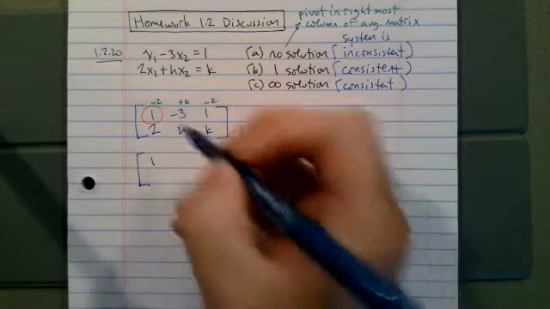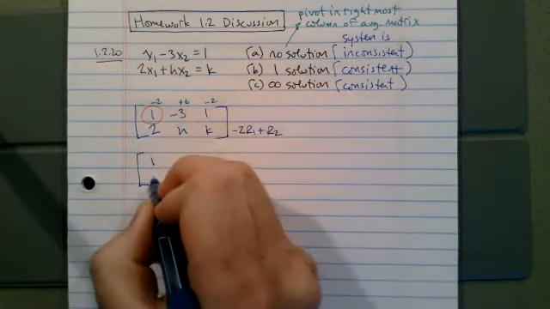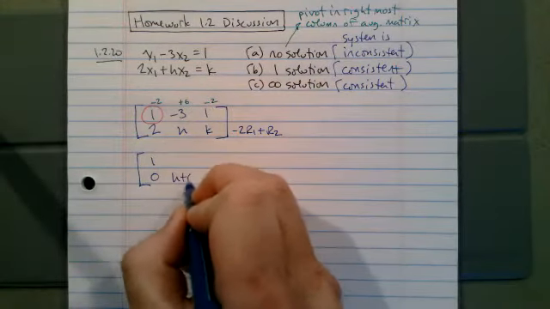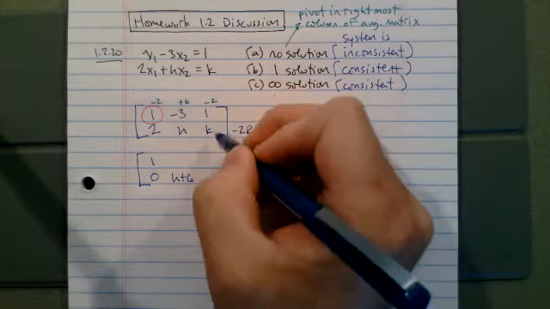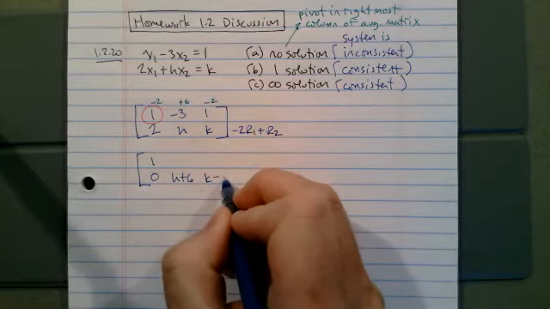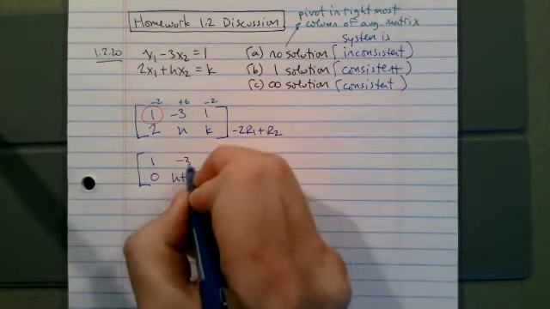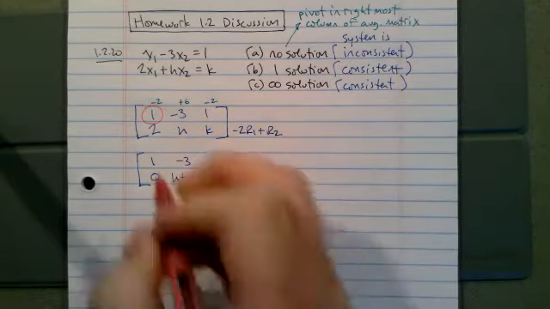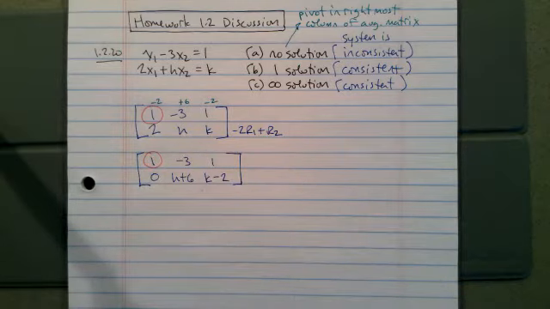My second row will become -2 plus 2, which is 0, 6 plus h, or h plus 6, and then -2 plus k. So I'll write k minus 2. My first row remained unchanged, and I've got a pivot in this first column.